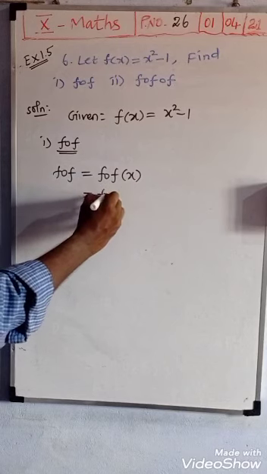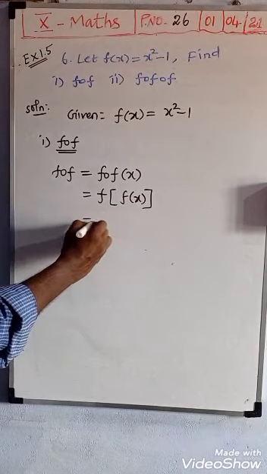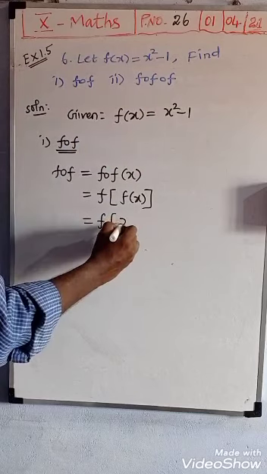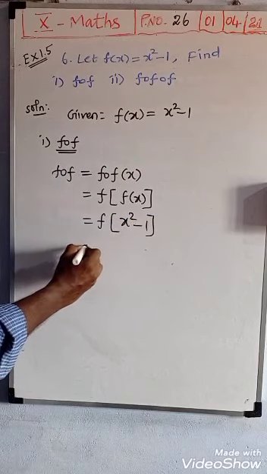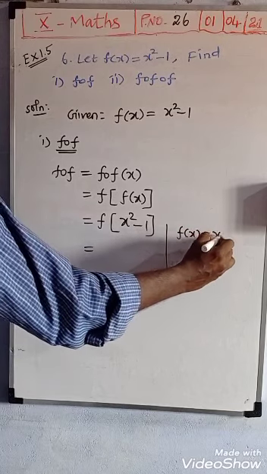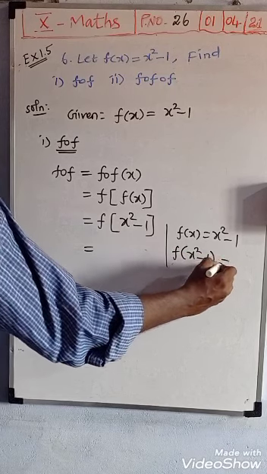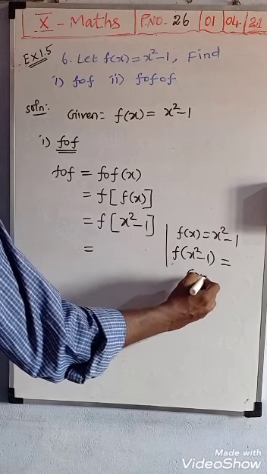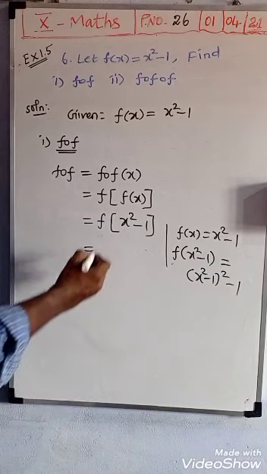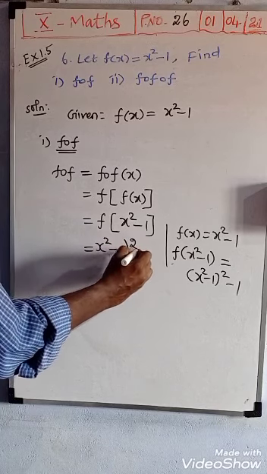So f composition f of x we can write as f of f of x. Now f of x is x square minus 1. Now where do we substitute? Already you know f of x is x square minus 1, so instead of x, you should substitute x square minus 1. That gives (x square minus 1) to the whole square minus 1.